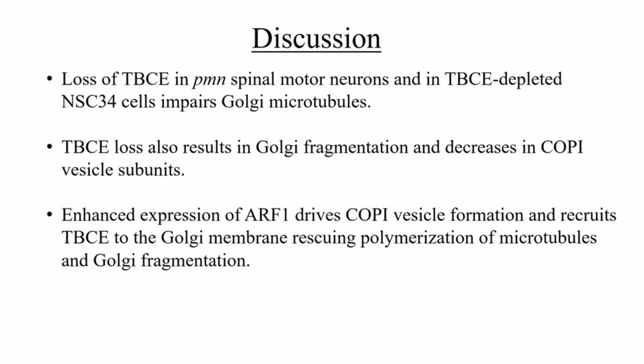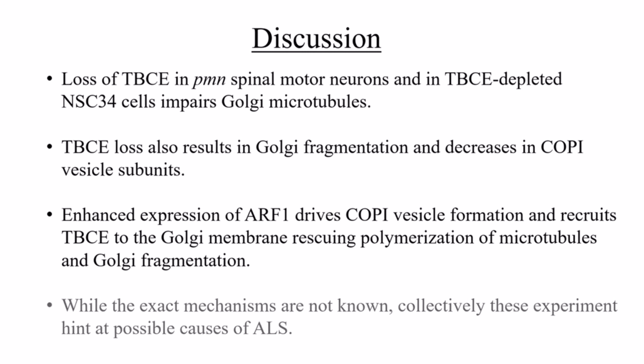And importantly, the enhanced expression of ARF1 drives COPI vesicle formation and recruits TBCE to the Golgi membrane, and at the same time rescues the polymerization of microtubules and prevents Golgi fragmentation. So collectively, all the experiments that we've seen here hint at the possible causes of ALS.